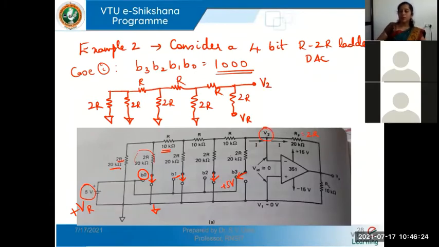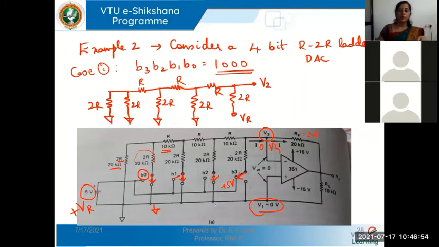The voltage at this point would be V2, which can be a virtual ground. If you see V1, the non-inverting terminal, it is actually grounded. Here you can see V2, the inverting terminal, would be the virtual ground. It will also be at zero potential because the differential input signal is so low that it can be considered as zero.